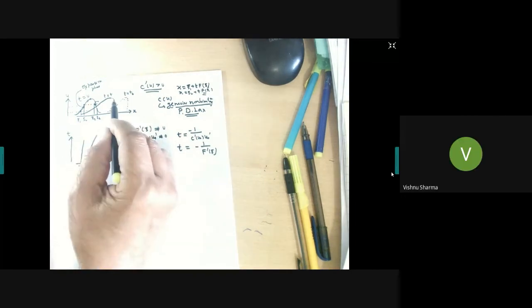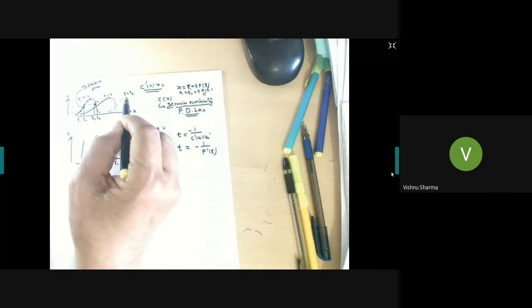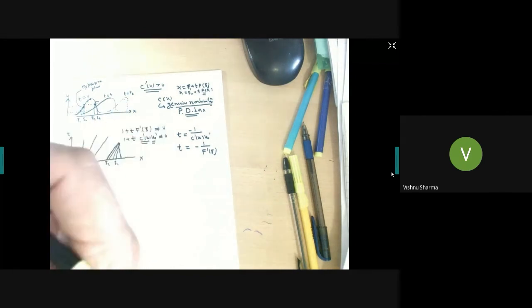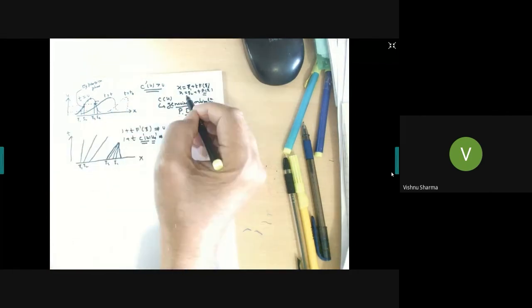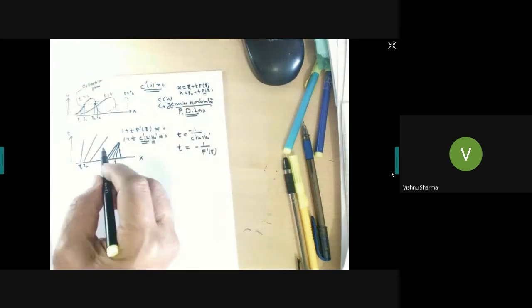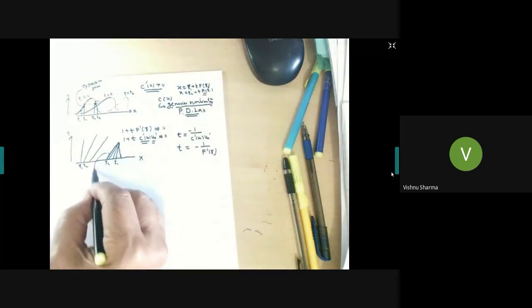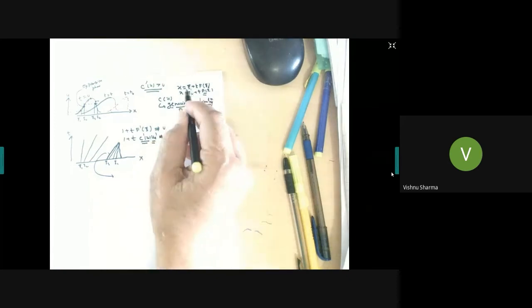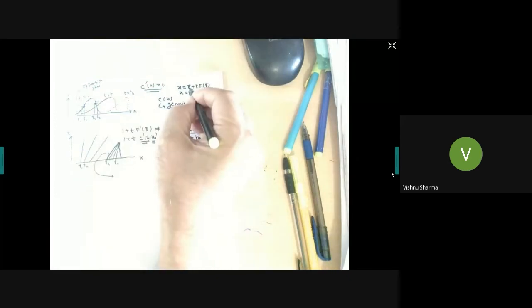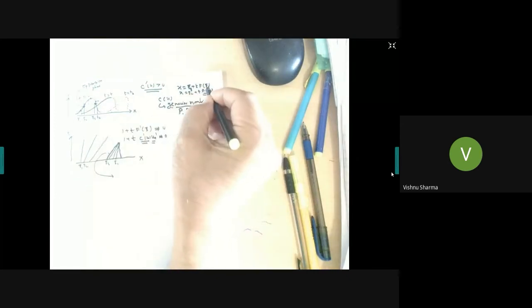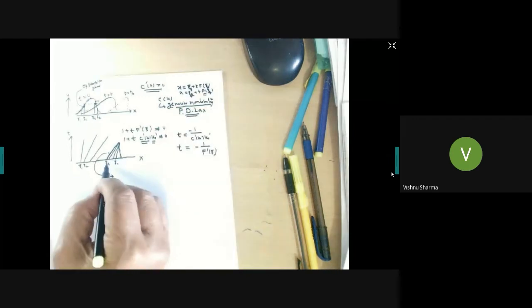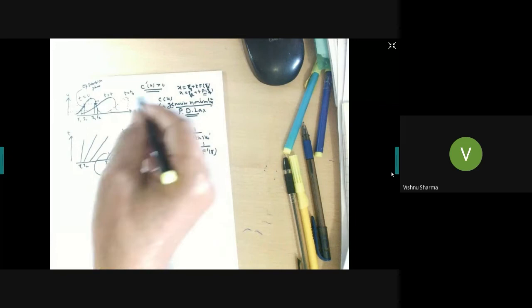When the characteristics, so you say here, this is the situation. Suppose these are the two characteristics. What is the equation of this characteristic? x is equal to xi3 plus t times f of xi3, and this is your xi4. Xi3 and xi4 are any two characteristics.